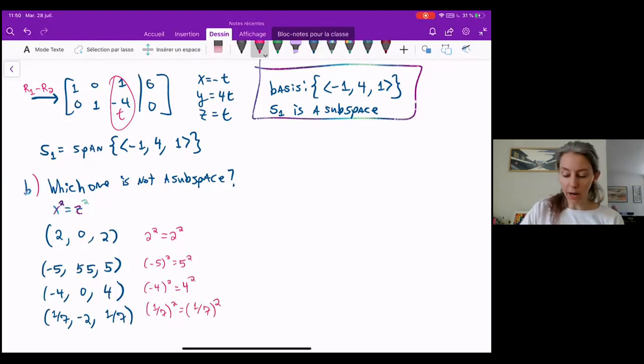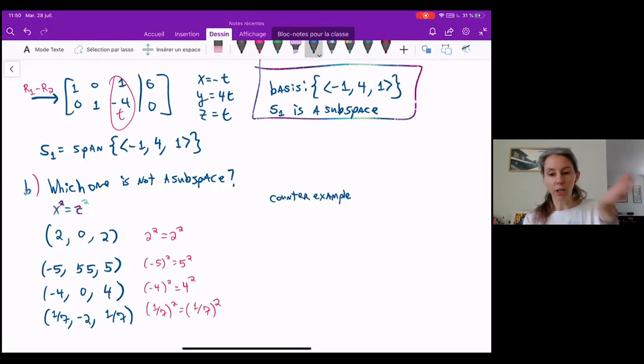Okay, now we want our counterexample. So for our counterexample, we're going to look for either scalar multiplication or vector addition. But what I see here is that scalar multiplication is not going to work. No matter what I multiply by, it's not going to change the fact that the x and z values are the same number. So we're going to think about vector addition.